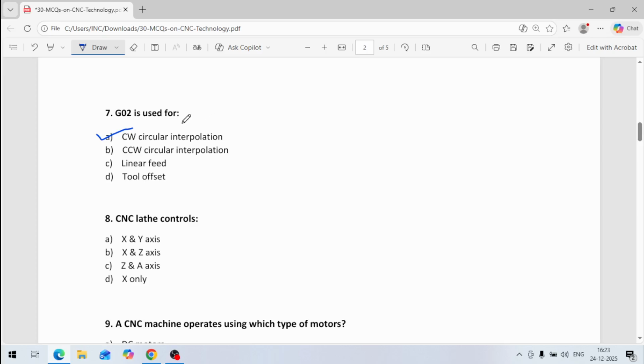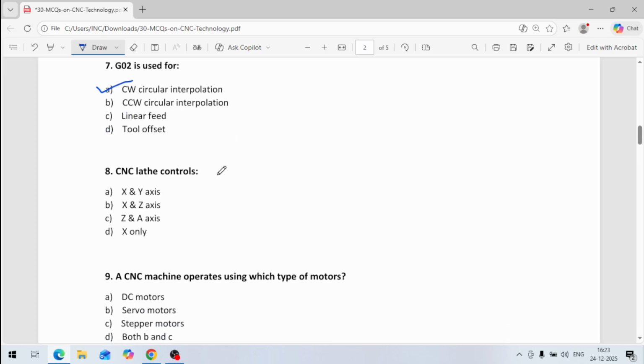Okay. The next question is: a CNC lathe controls X and Y axis, X and Z axis, Z and A axis, or X only. So here the answer is X and Z axis. These are the two axes which are controlled by the CNC lathe.